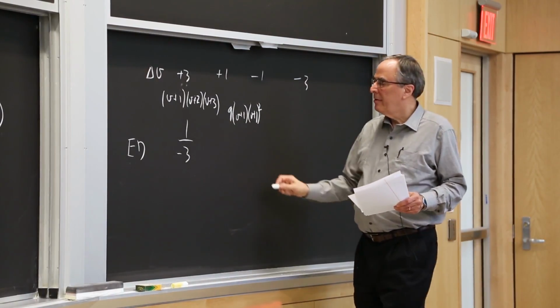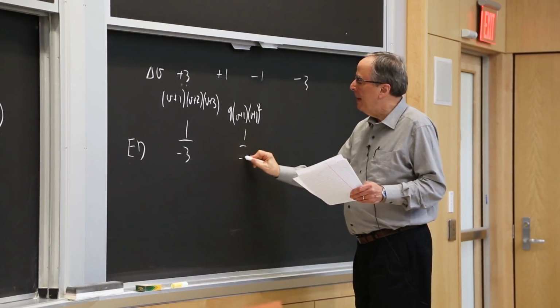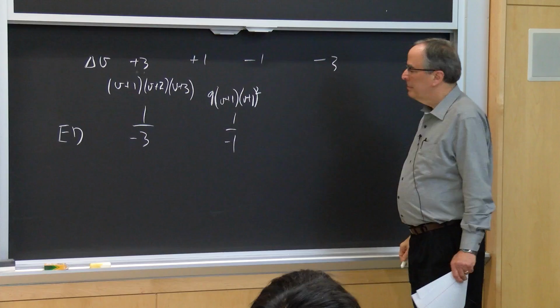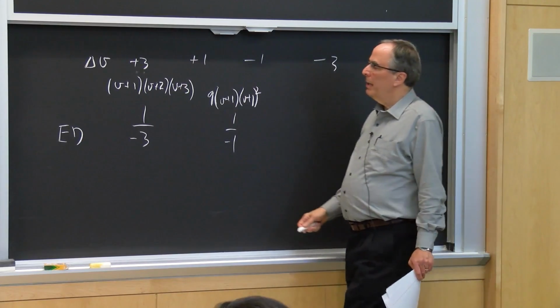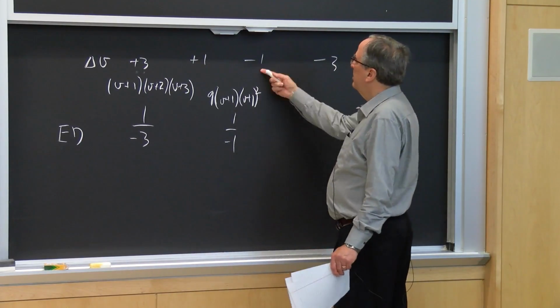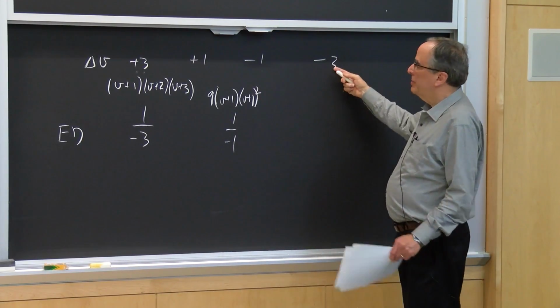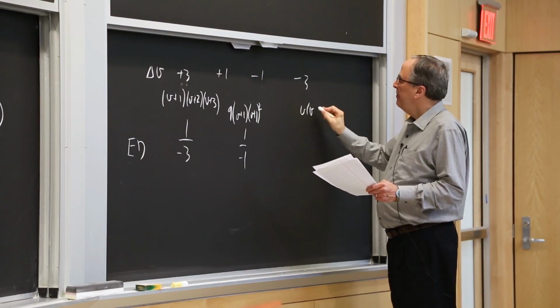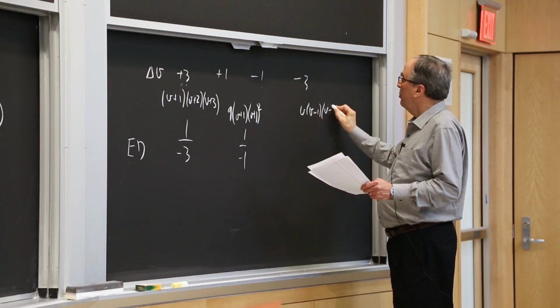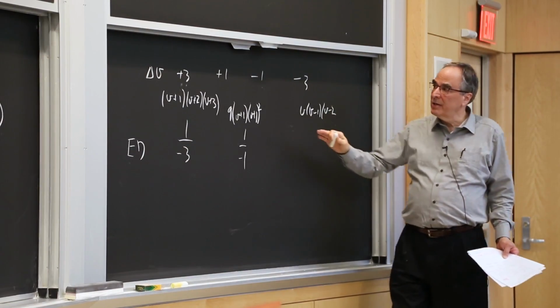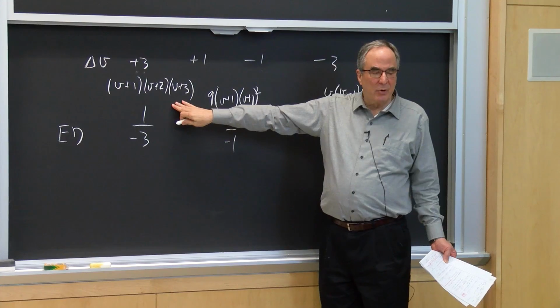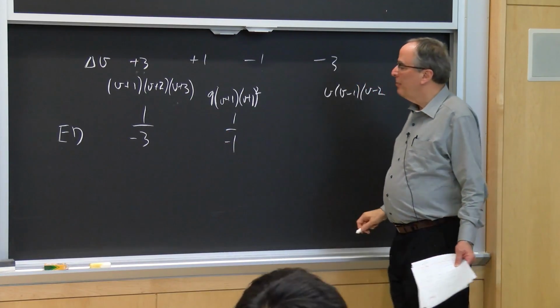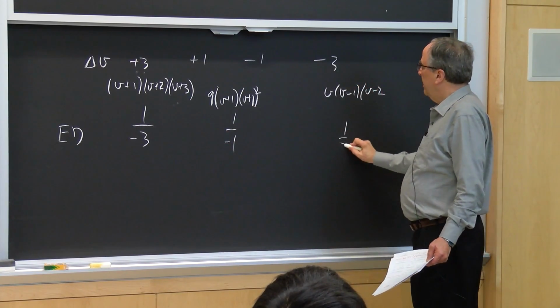And the energy denominator for this is 1 over minus 1. Okay, then I'm going to skip this one. We have the matrix element here, and that's going to be V minus 1, V minus 2. We remember we're squaring these things, so that's why we don't have those square roots anymore. And we have an energy denominator 1 over 3.